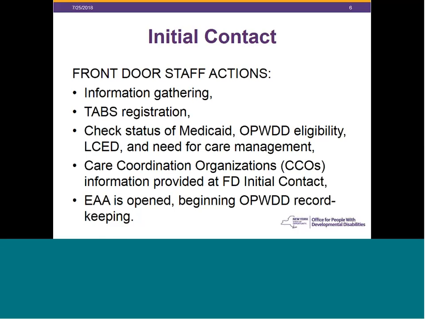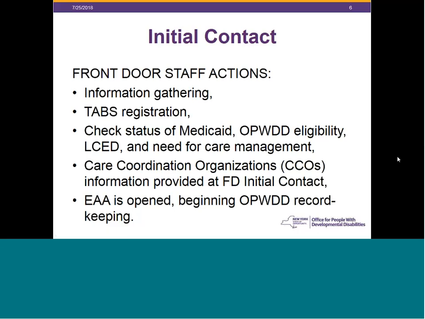We check on the status of Medicaid, on OPWDD eligibility, of course, whether the level of care has been determined, and what the need is for care management, which would then direct whether the person most likely is going to be looking for waiver services and would, of course, be connecting with the CCOs. We provide information about the CCOs at this phase of the front door.